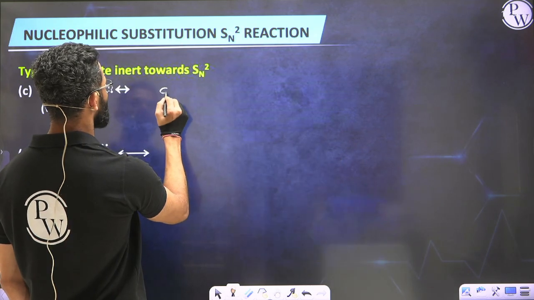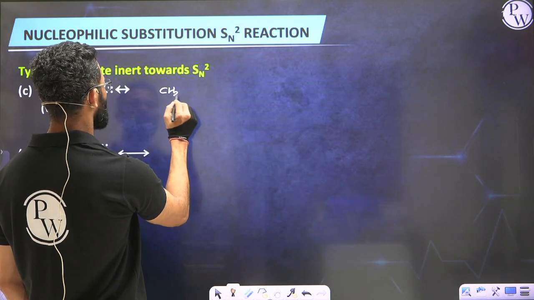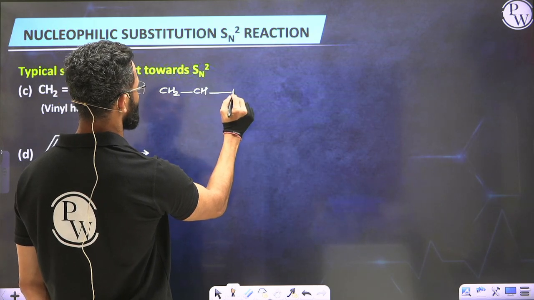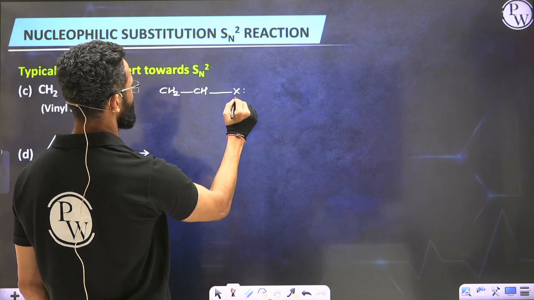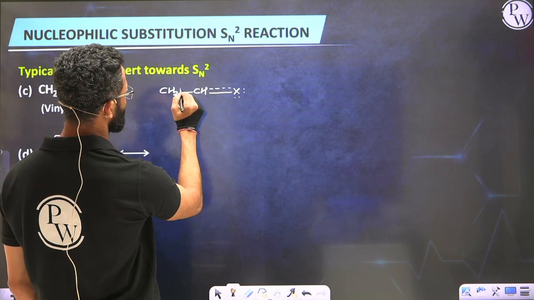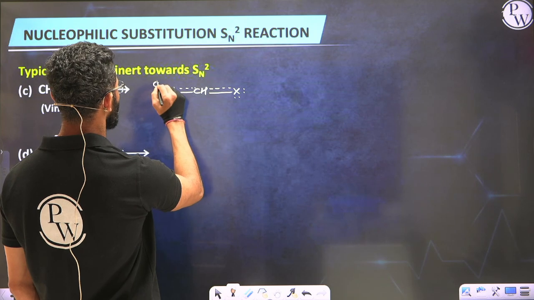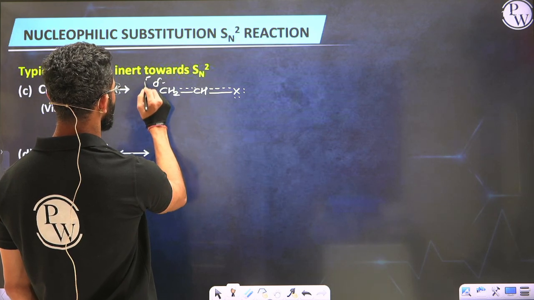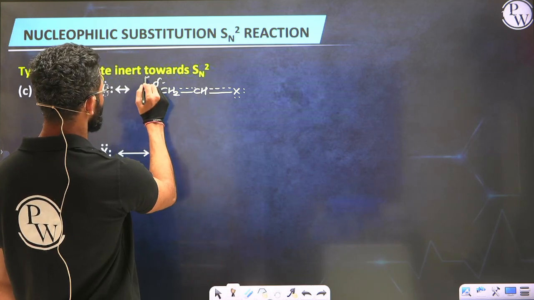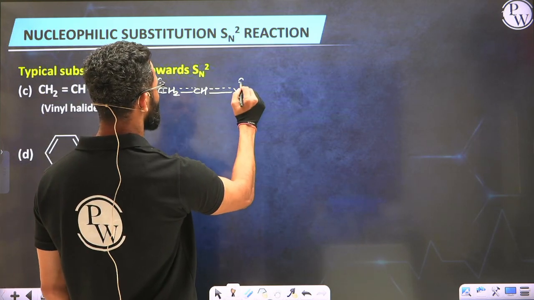If I draw, let's say, a resonance hybrid, I'm directly writing the resonance hybrid here, you will see there will be development of partial pi bond character. So delta minus here and delta plus charge here. I'm not writing the resonating structures.